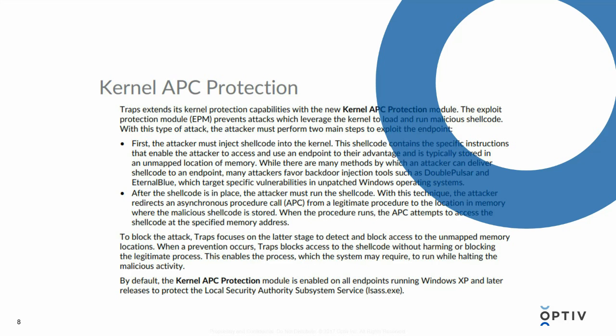To block the attack, Traps can now look at the later stage to detect and block access to the unmapped memory locations when a prevention occurs. By default, this kernel APC protection is enabled on all endpoints running Windows XP and later releases to protect the local security authority subsystem service.